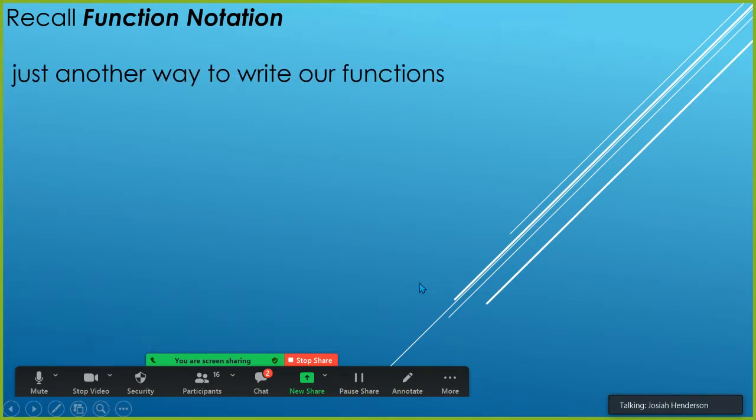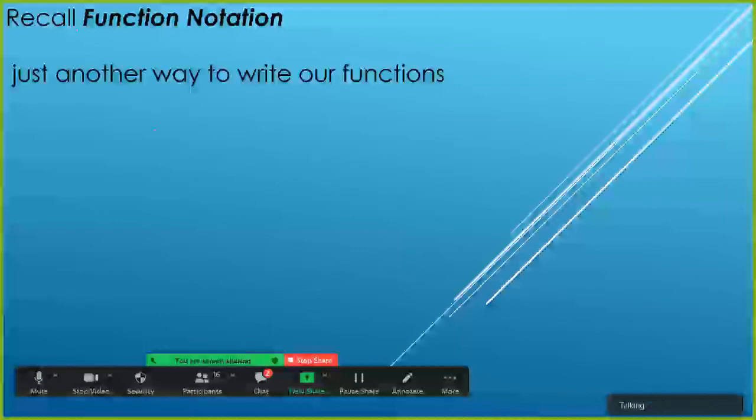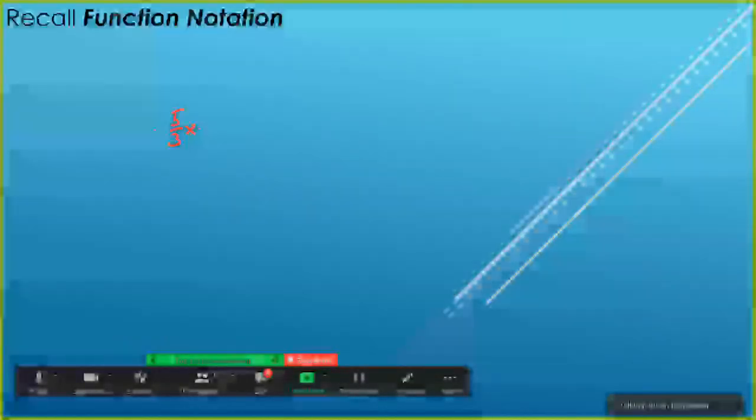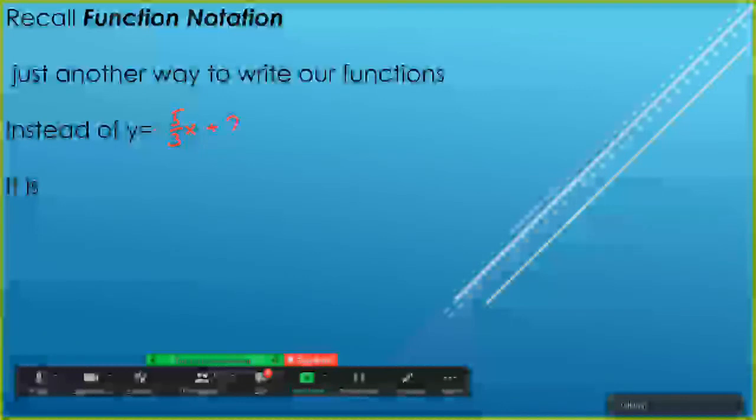Okay, so like I said in the beginning, function notation is just another way to write our functions. So instead of y equals a function, for instance, let's go back to that last one we had. It was 5 thirds x plus 2. Here's the last function we just worked with, 5 thirds x plus 2.